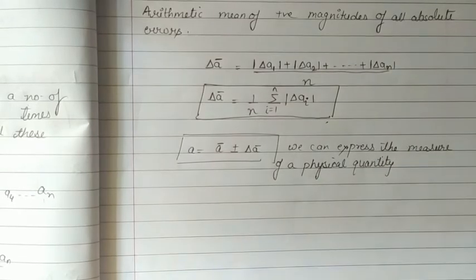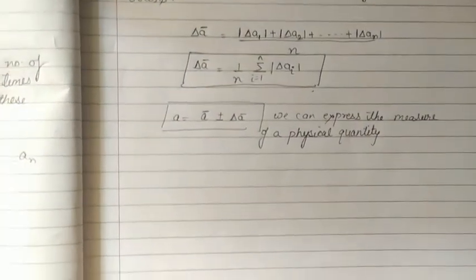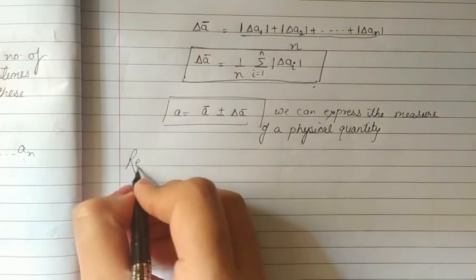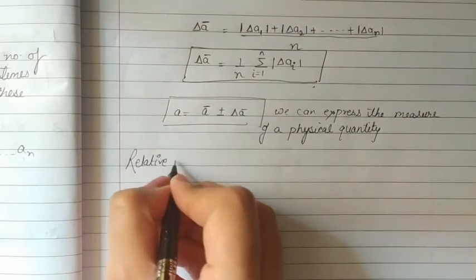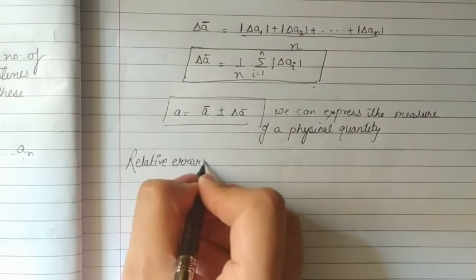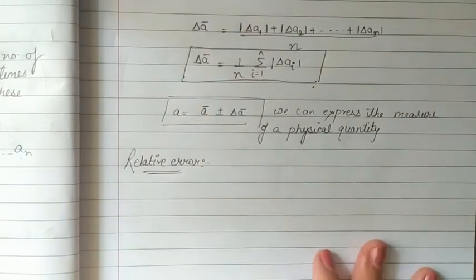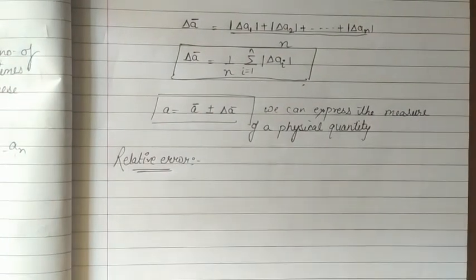Now we have to see what are relative errors. The next thing is relative error. So it is the ratio of mean absolute error, that is delta A bar, to the true value of the measured quantity. So जो भी आपका measured quantity है उसके true value के साथ अगर हम ratio निकालते हैं उसके mean absolute error का, then the error is called relative error.